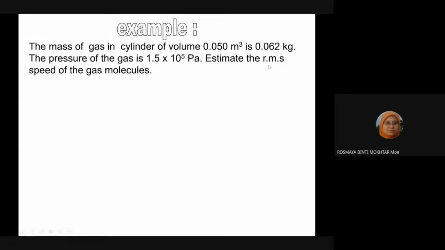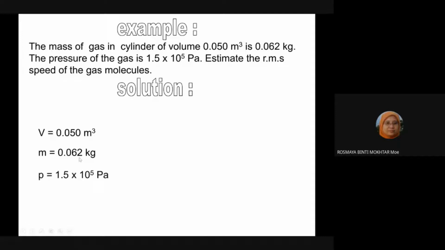So the solution: determine what is given in the question. The information given is volume V, mass 0.062 kilogram, and pressure 1.5 times 10 to the power of 5 Pascal, all in SI units already. We are going to find the RMS speed.